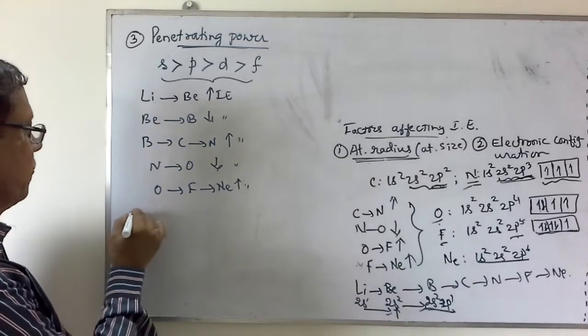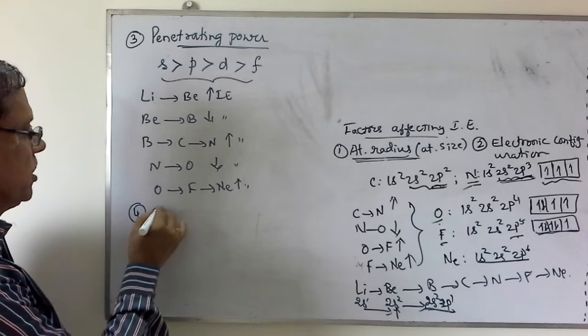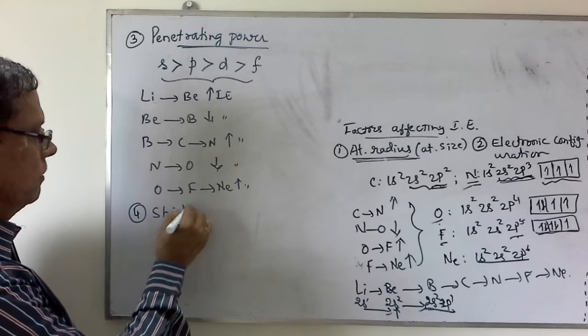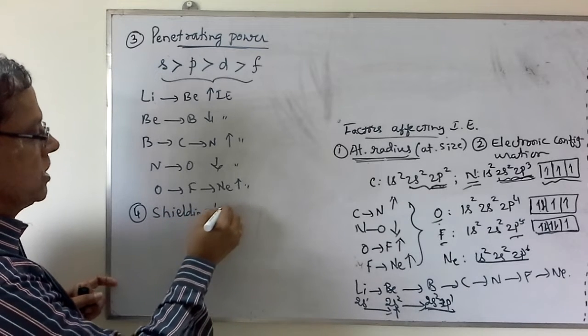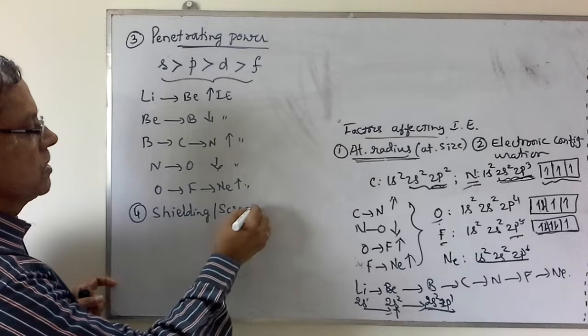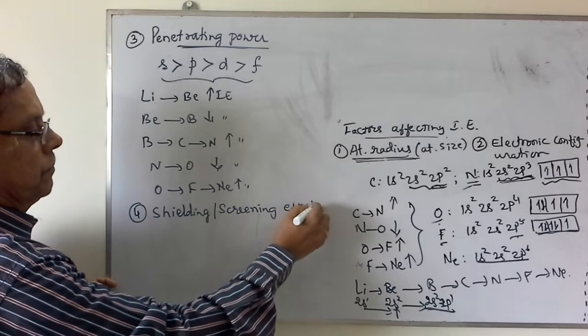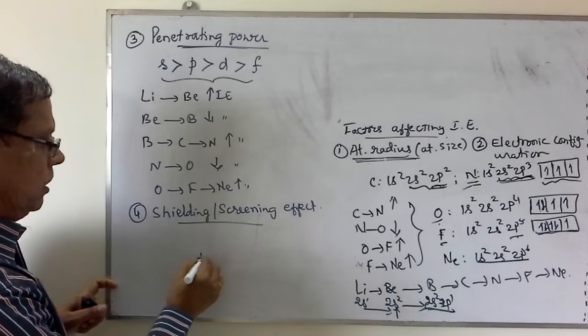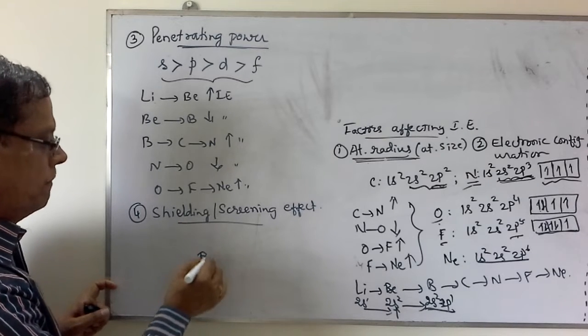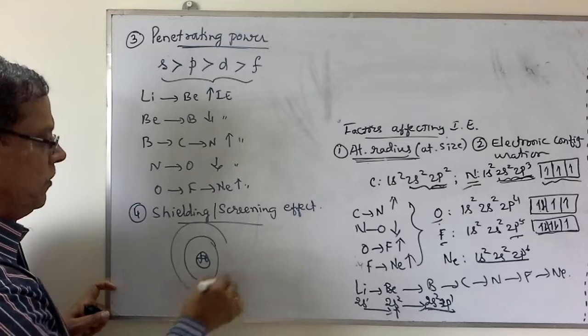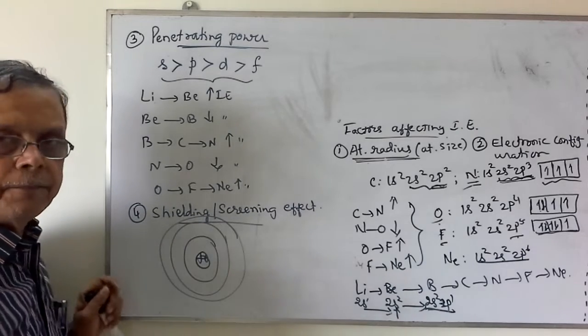Then we consider one more factor, that is the shielding or screening effect. Suppose you consider a nucleus. This is the orbit, first, second, third, like that.